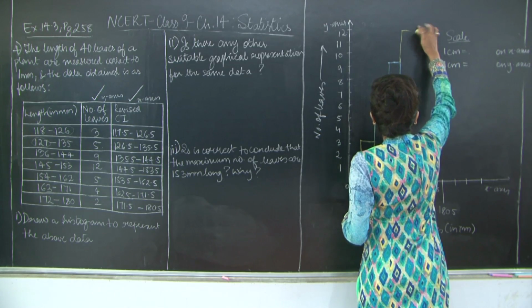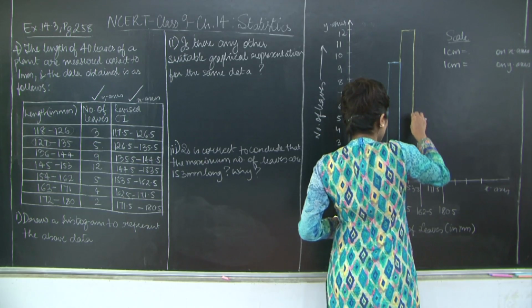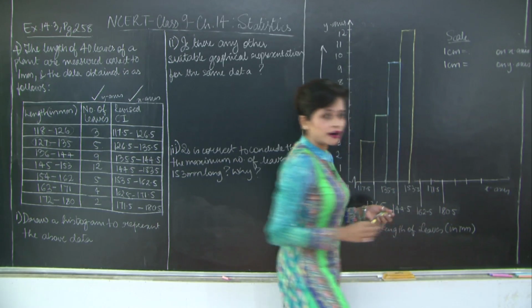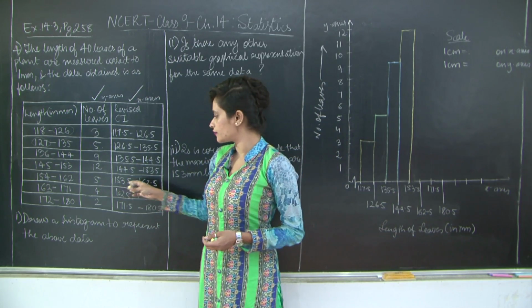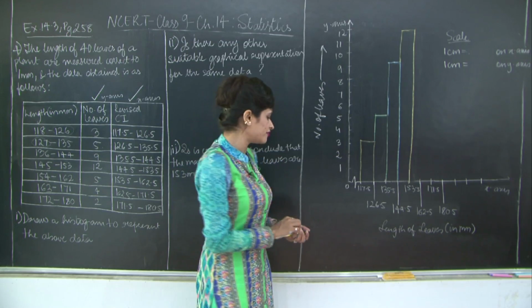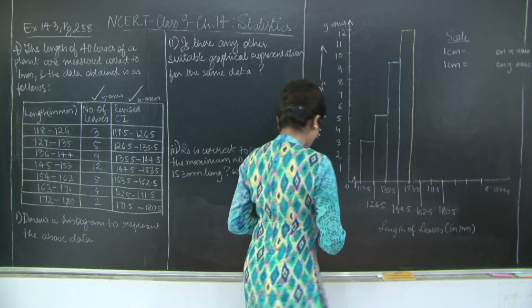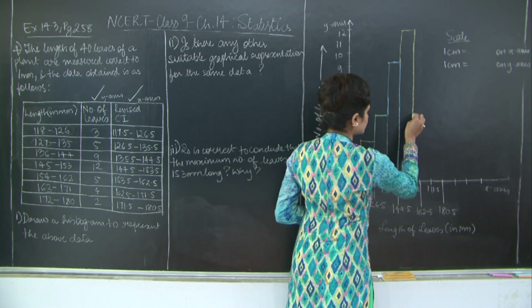It's a very long line and I'm doing it freehand. That's the reason it's going a little crooked. Please make sure you're using a scale to draw these lines or these bars. Then the other one is 5, which is in the class interval 153.5 to 162.5. So let's draw this. Again, it's 5, so it's going to be the same length as this one, right?